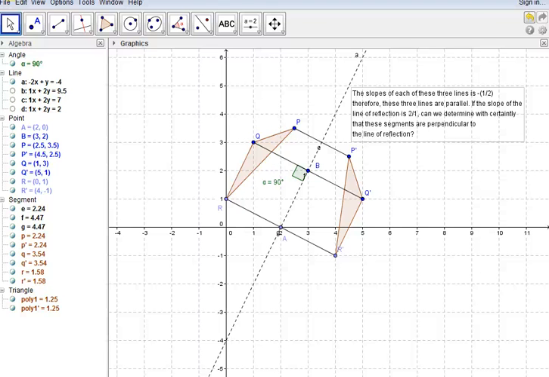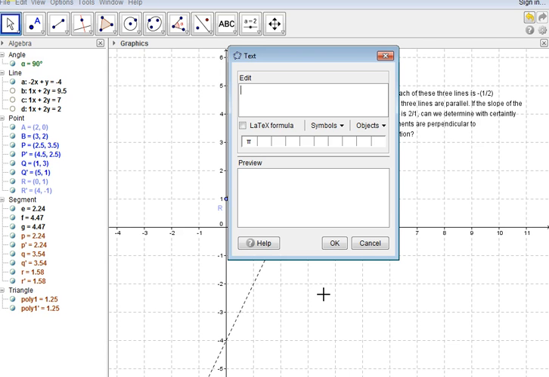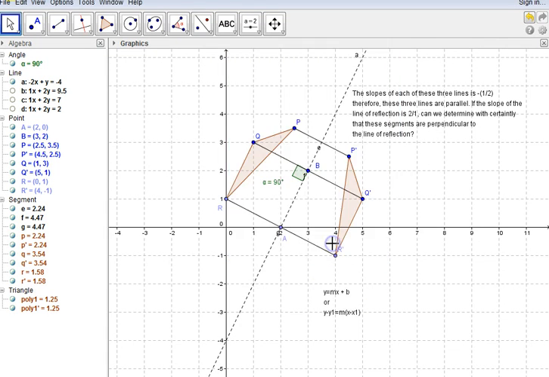So the relationship between slopes of parallel lines and slopes of perpendicular lines, and how to use the equations of lines, either slope-intercept or point-slope form, how to use these is going to be important in the next take-home that's assigned.